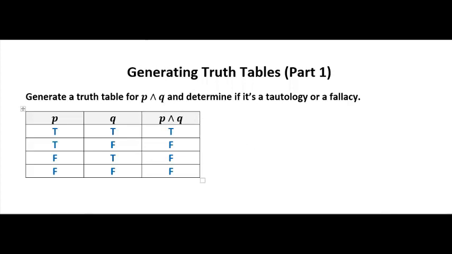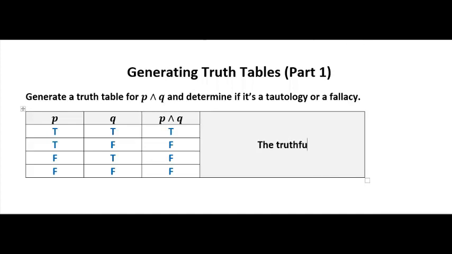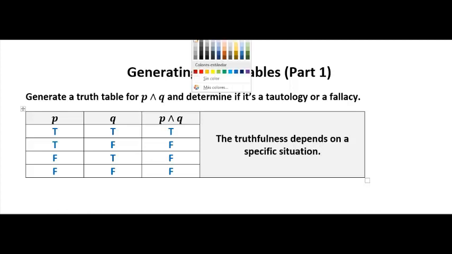In this case we could say that the truthfulness depends on a specific situation. Because it actually depends on a specific situation. If I'm talking about the first possibility, then I know it will be true.